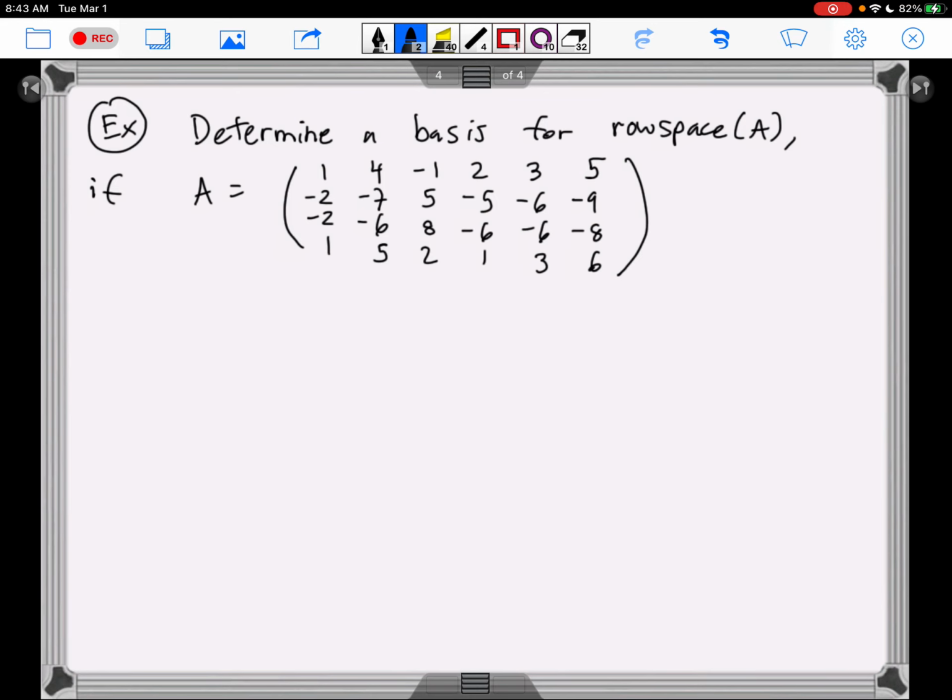Okay, so I'm not going to show you every single step, but you just put this matrix in row echelon form, right? You guys are already comfortable with that.